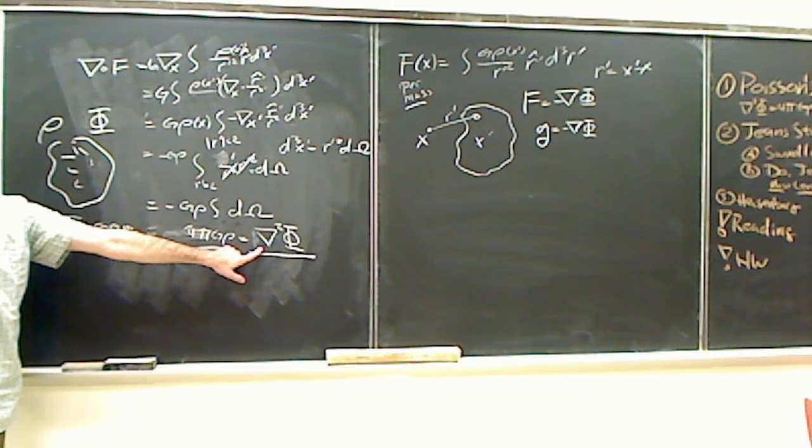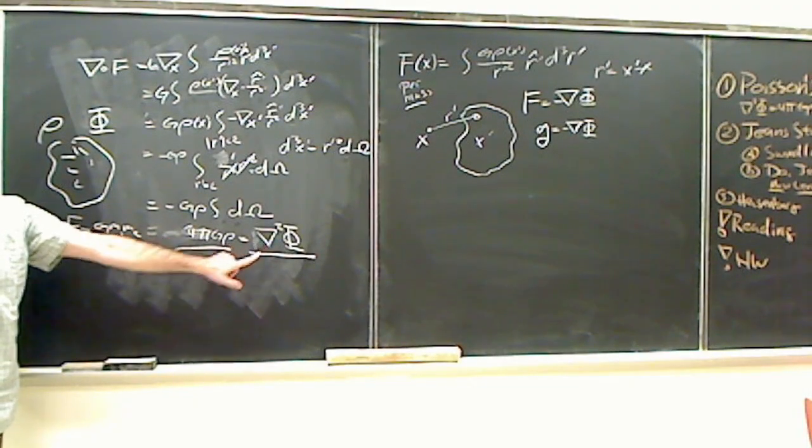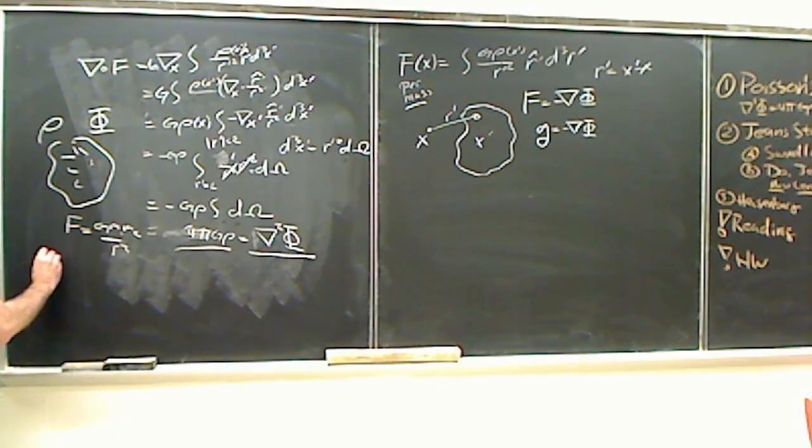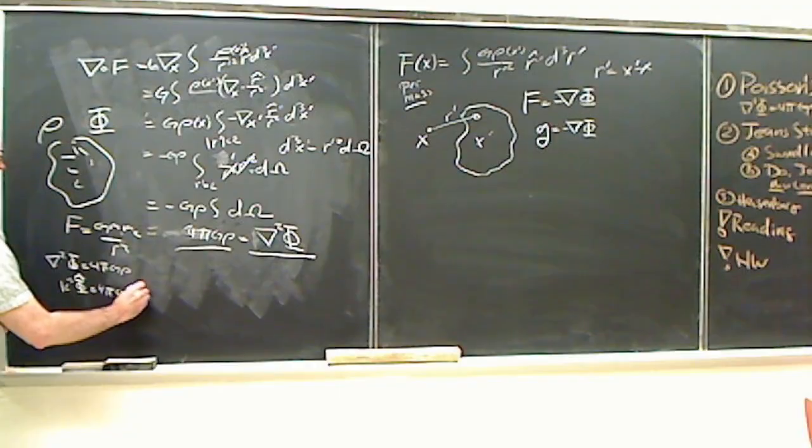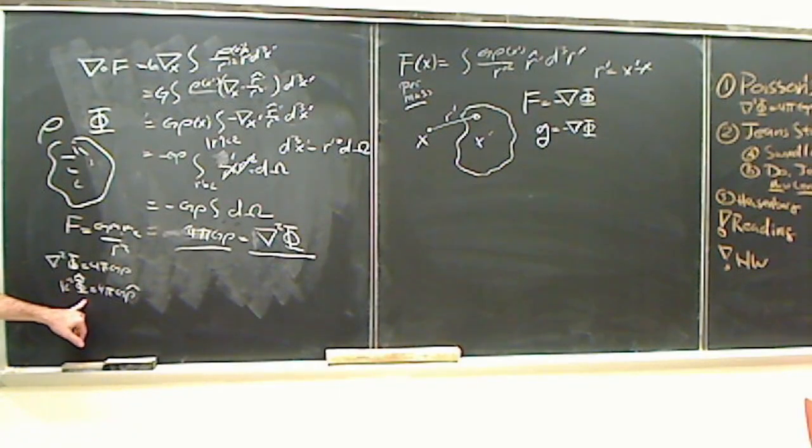Why is this easy to solve with Fourier transforms? Because if I have del squared phi equals 4 pi G rho, if I just take the Fourier transform of both sides, I'm left with k squared phi hat equals 4 pi G rho hat, where phi hat is the Fourier transform of the potential and rho hat is the Fourier transform of the density.